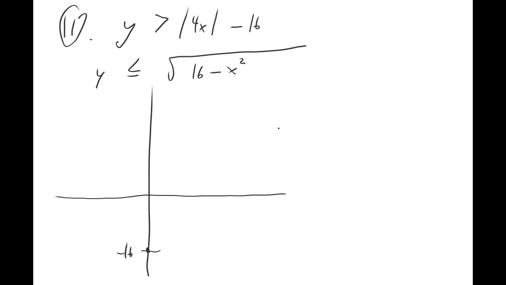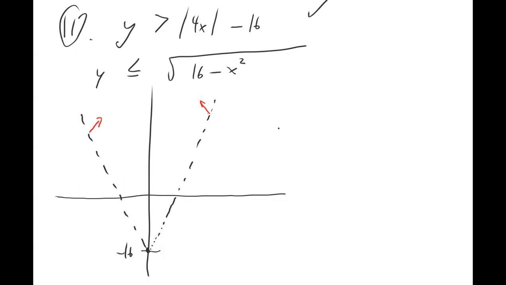Yep, it goes upward like this with a slope of 4. So it goes upward like this, and then upward like this. And then that's what this first graph looks like. And by the way, your shading, it says y is greater than that. So you're shading above that graph.